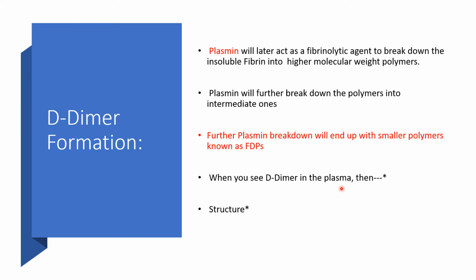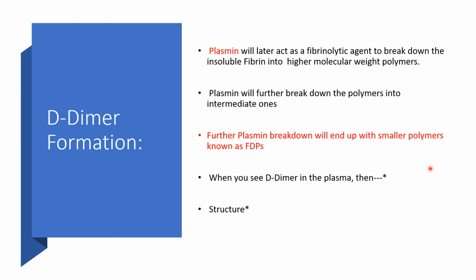The structure could be either 180 kDa, 125, or 340 kDa, of 2D domains and an E domain of the original fibrinogen molecule.